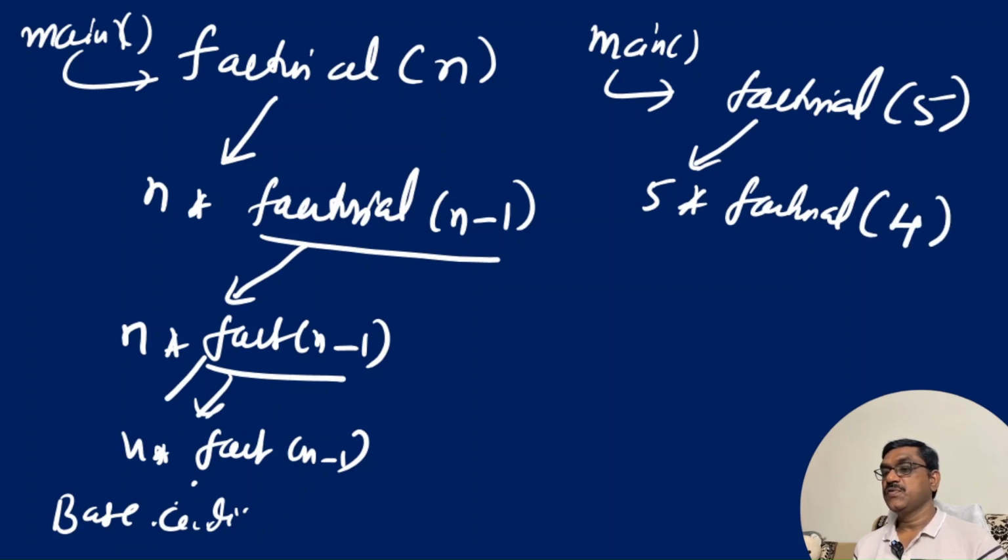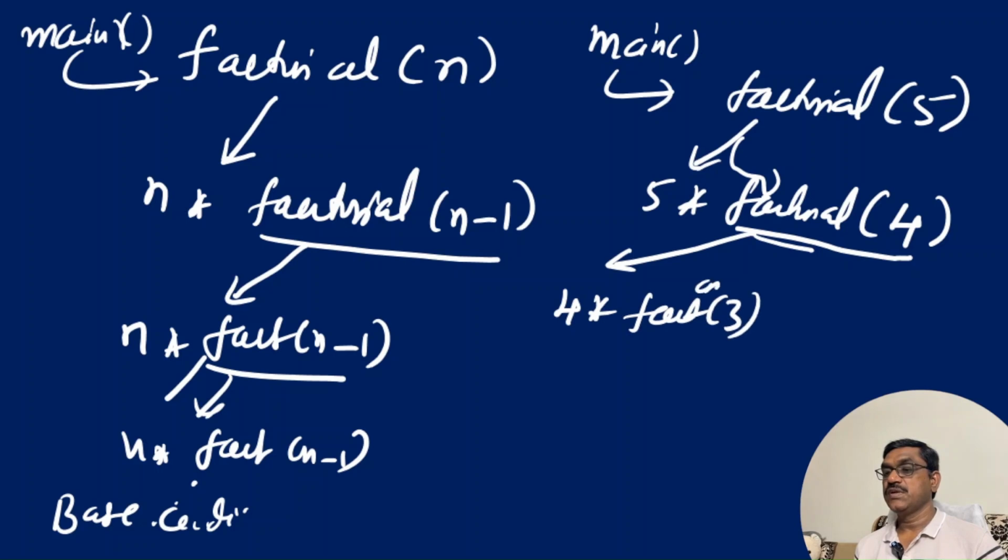Now if you observe, this is factorial 4. So already we are in factorial, and factorial is again calling factorial itself. Now this is evaluated as factorial of n, where n is 4. It is denoted as 4 into factorial of 3.